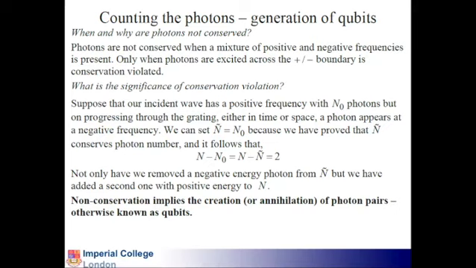So when we do the sums to calculate n, we've actually changed the photon number by 2. So non-conservation implies that for every crossing of the 0 frequency, there's a creation or annihilation of a quantum of the photon n.